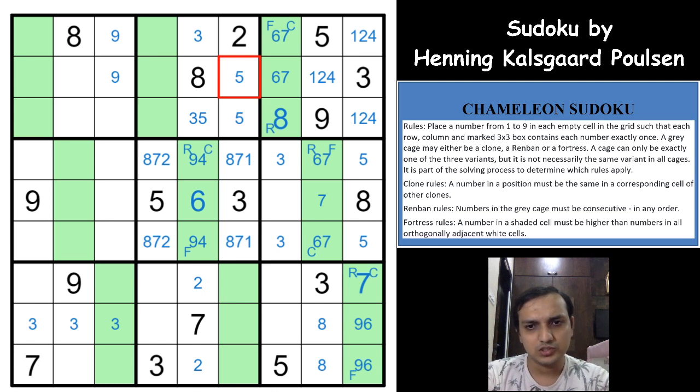Okay, nothing much here. And we can get a 3-9 pair here because of 9 being here and 9 being here and here. We get a 3-9 pair here, right? Which means this has to be 1, 2 and 4. Okay, and let's see if we get anything else.